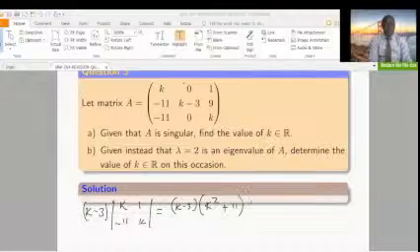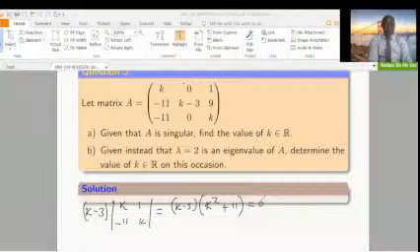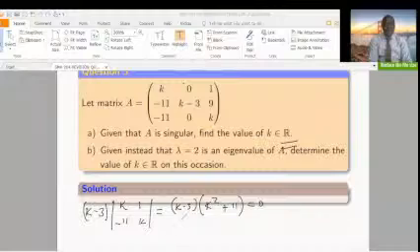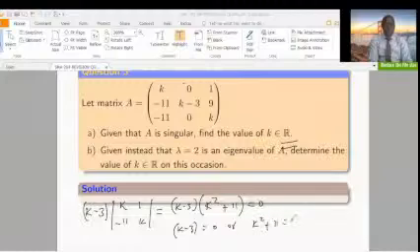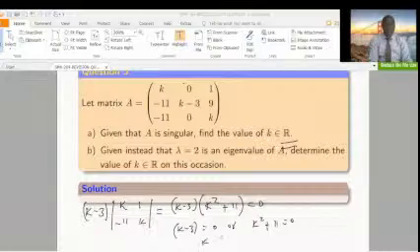And we are told that this determinant is 0. So find the real value K. I'm supposed to equate this to 0, or equate K squared plus 11 to 0. The first one here gives me that K is 3.